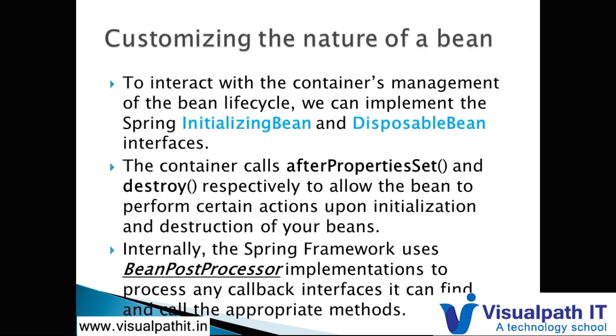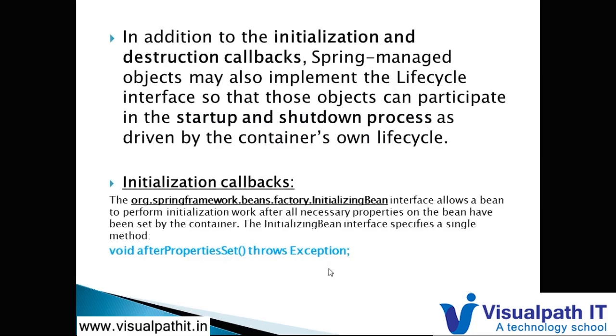When the container calls that particular afterPropertiesSet and the destroy respectively, it allows that bean to perform certain actions upon initialization and destruction of our beans. Internally, the Spring framework uses the BeanPostProcessor implementation, which we saw, to process any callback interface it can find, and it calls the appropriate methods.